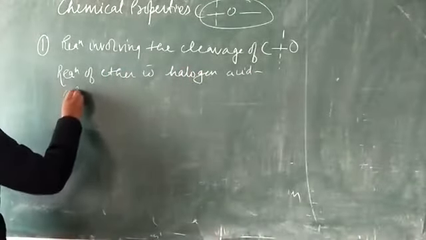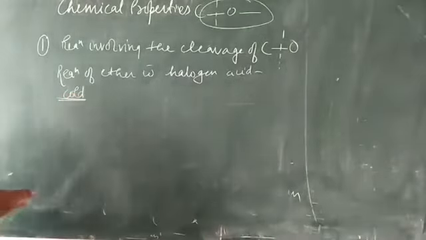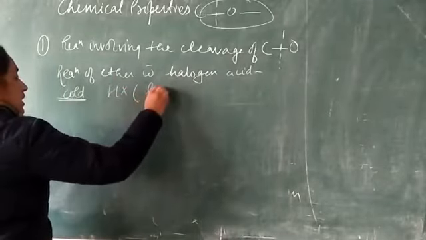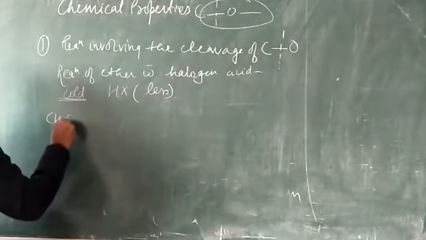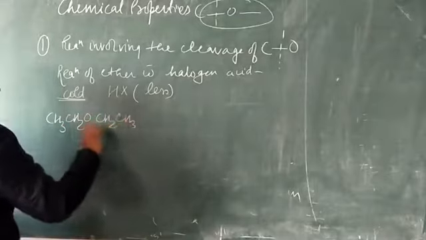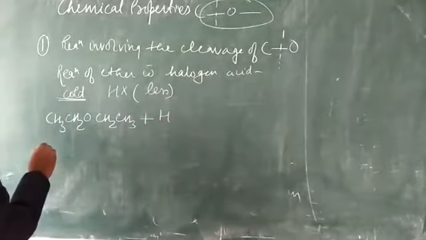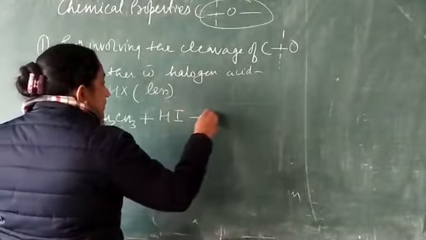So if the reaction condition is cold, we have low temperature, and the halogen acid taken is less, that time, students, it is CH3CH2OCH2CH3, that is diethyl ether, which is made to react with HX, let it be HI here.